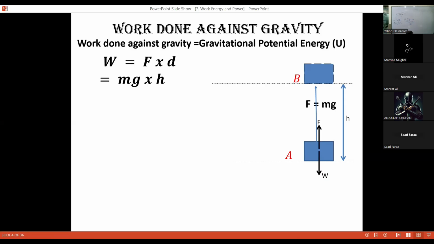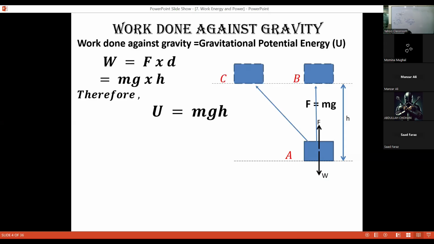It's vertical height. It is not slant distance. So my formula becomes mgh. And this is also called gain in potential energy. mgh, formula for potential energy.